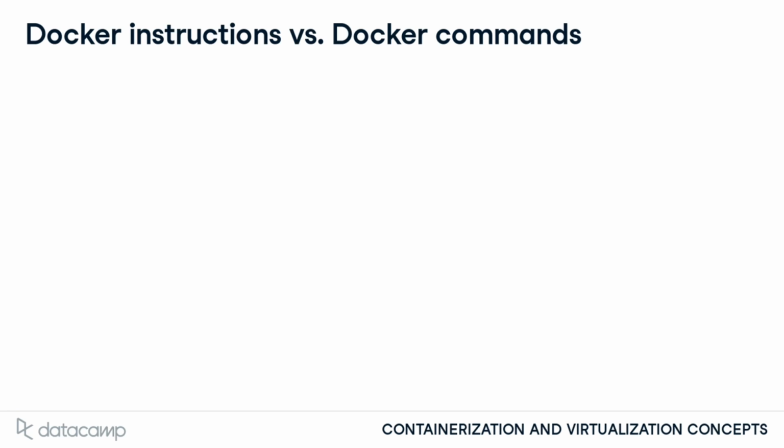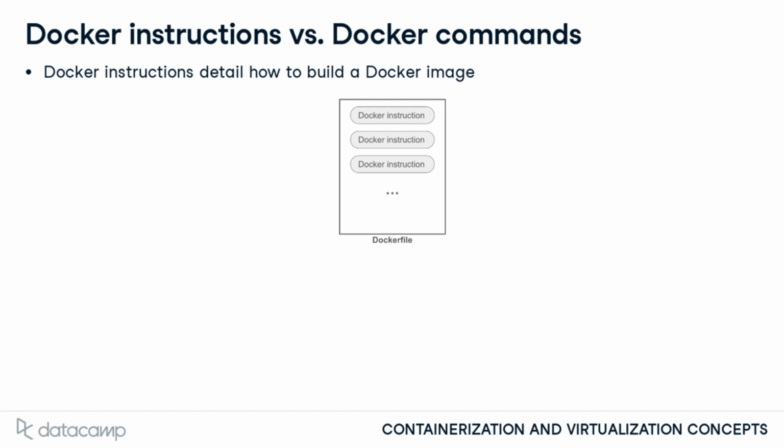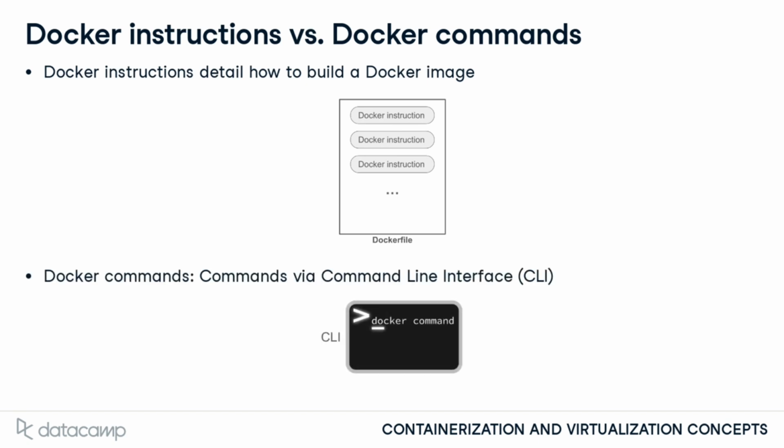To avoid confusion, let's distinguish between Docker instructions and commands. Docker instructions are the building blocks of a Dockerfile that detail how to build a Docker image. In contrast, Docker commands are executed through the CLI. They are sent to the Docker daemon to manage Docker objects.